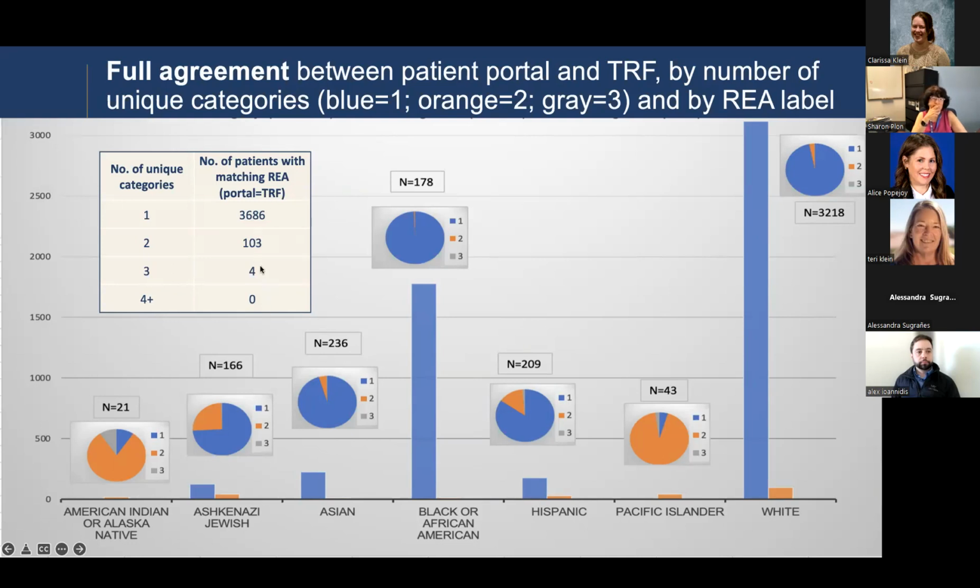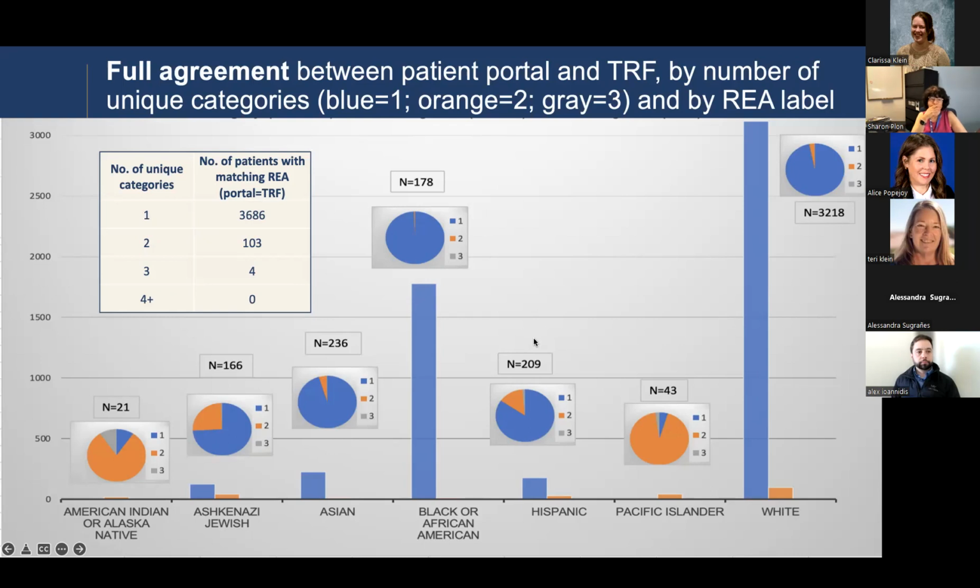And these are the numbers, Sharon, that you requested, to actually be able to see how many people had the different numbers of categories. And this is again assuming that there's full agreement between them. So the main takeaway here, I think, is that if you have Black or African American, White, or Asian in your list of categories, you're most likely to have just that one descriptor.